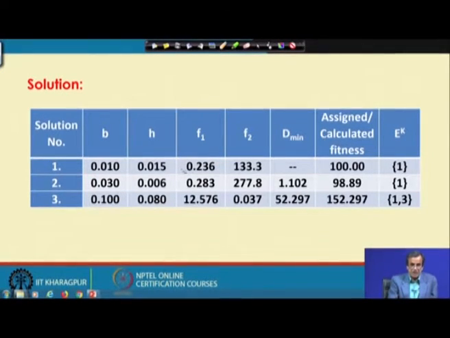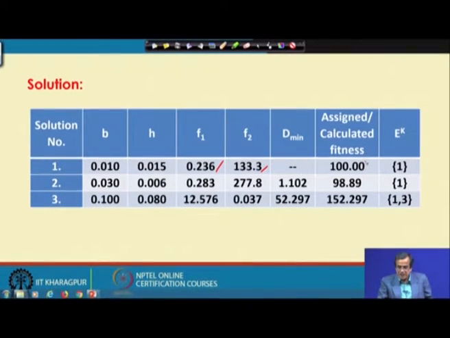So, f 1 is coming to be equal to 0.236, f 2 is 133.3, and the d minimum we do not assign anything here. We assign some random fitness to this first solution, and let me assign that as 100.00.